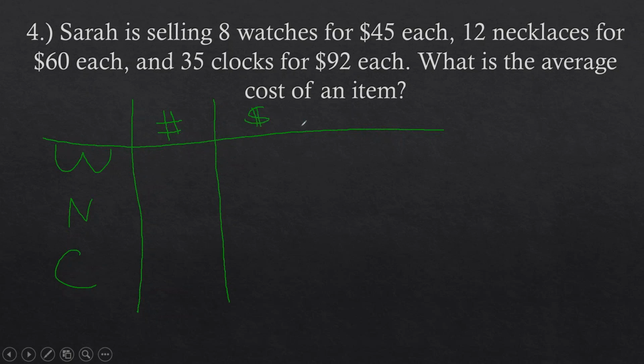You just use what you have and go from there. So for watches, I have 8 watches and they are $45 each. For my necklaces, there are 12 and they are $60 each. And I have 35 clocks that are $92 each.